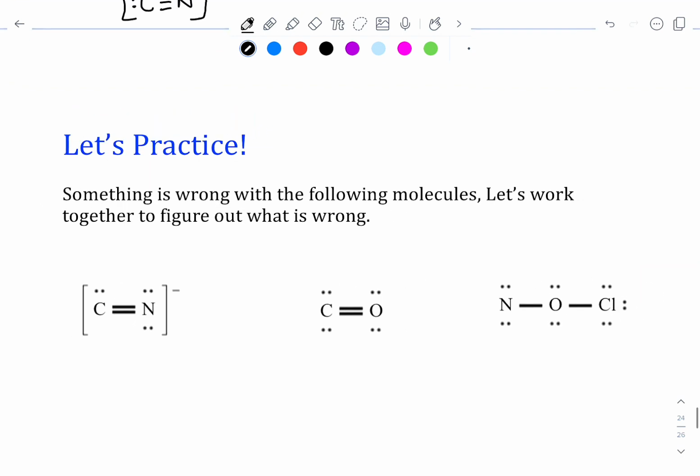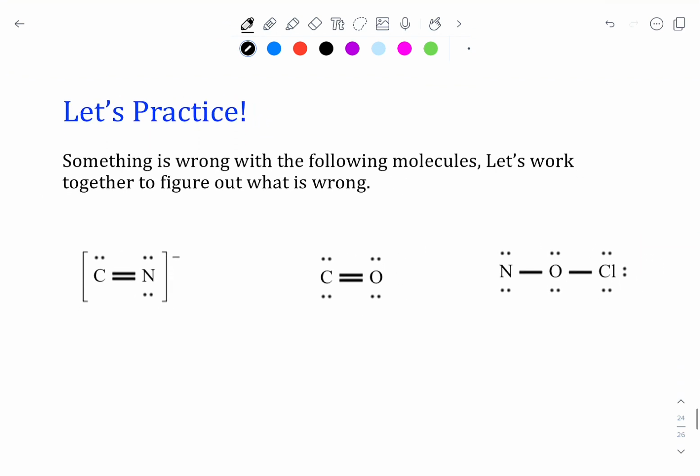Let's look at these structures a little bit differently. So currently in these 3 structures, something is wrong with them. So let's try to figure out what is wrong. You're going to see similar problems to this on your ALEKS homework.